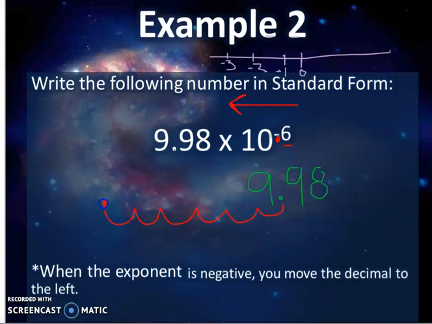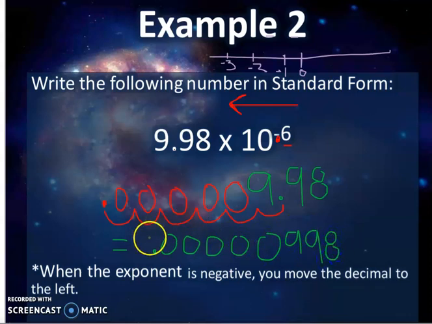Here's my new decimal point, and I'm going to do the same thing, fill in my place value gaps with zeros. So I have 5 zeros, and let's rewrite our answer nice and pretty. 0, 0, 0, 0, 0, 9, 9, 8.